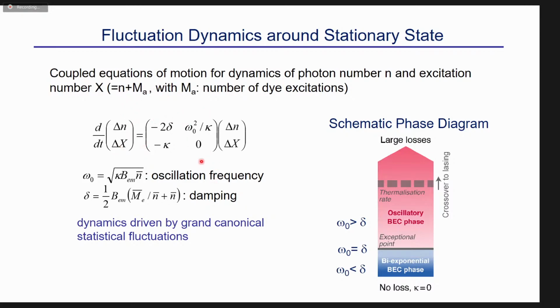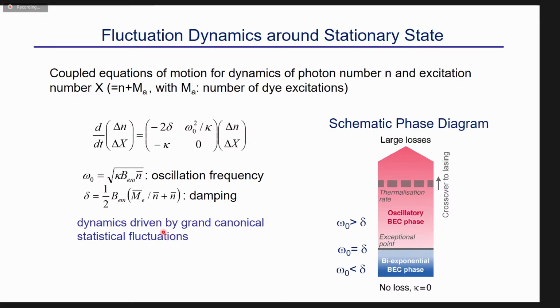And this is a non-Hermitian matrix where omega is the oscillation frequency, and this is 0 if you have no losses. The reason basically is that in the laser-like equations, there comes a nonlinear term, and if this is non-zero, then this becomes such a non-Hermitian matrix. And in addition, this here is the damping.